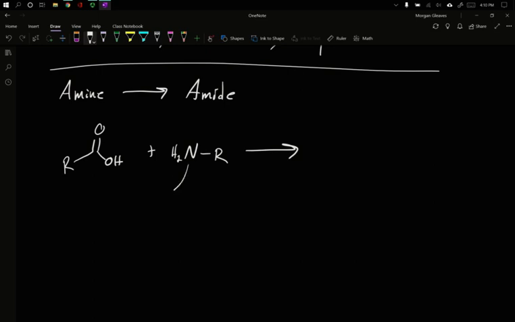That nitrogen attacks the carbon double bonded to oxygen and pushes out OH. This is a lot like ester formation. Remember that an amide has the general form R, carbon double bond oxygen, carbon to a nitrogen off to other R groups. This looks a whole lot like an ester. And the reaction to form it is basically identical. Instead of an alcohol attacking a carboxylic acid to form an ester, an amine attacks a carboxylic acid to form an amide.